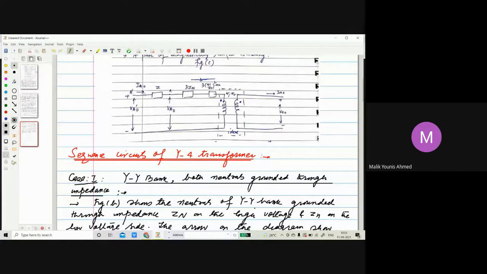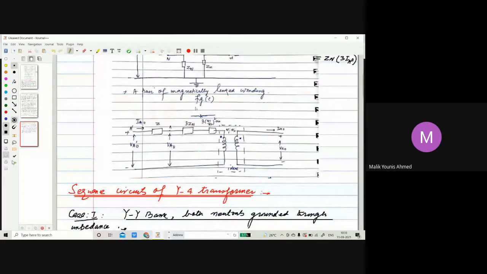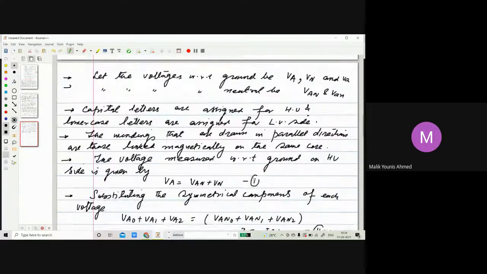Why? Because this will be referred to the primary side. So this is the impedance on the high voltage side. This is on the low voltage side, and that will be the impedance on the primary side. So this is completely drawn. Only this impedance has to be added. The rest is referred to the primary side.